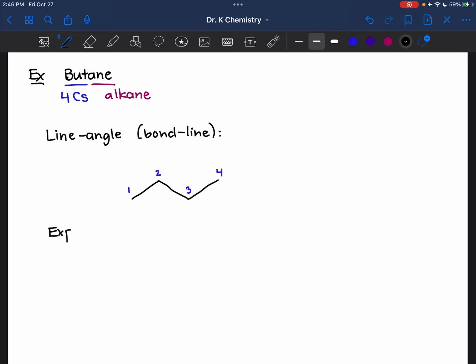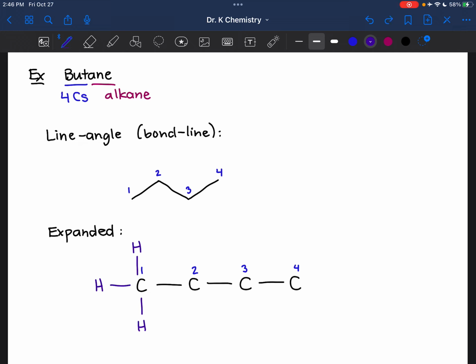Then I'm going to turn that into an expanded structural formula where I'm going to represent these carbons as C's and connect them with single bonds. So these are the 4 carbons that we had in our expanded structure. Notice this first carbon only has 1 bond, so it needs 3 more bonds to complete its octet, and I'm going to populate that with hydrogens.